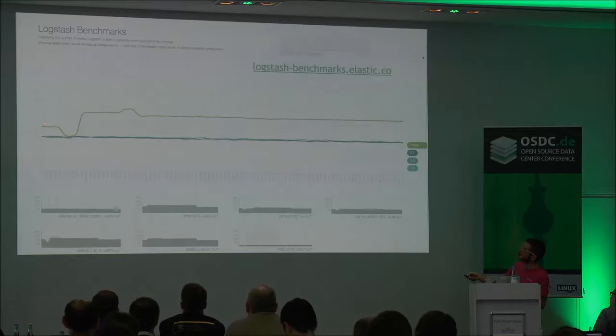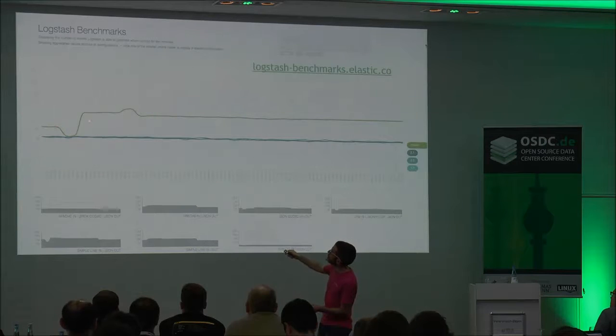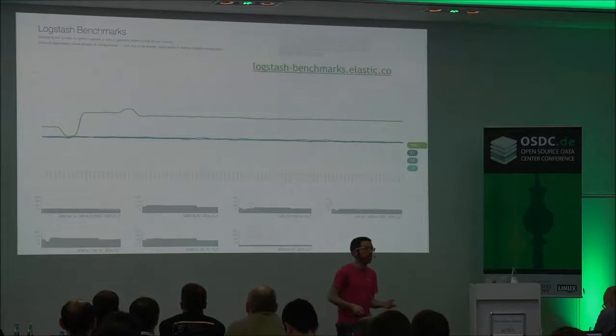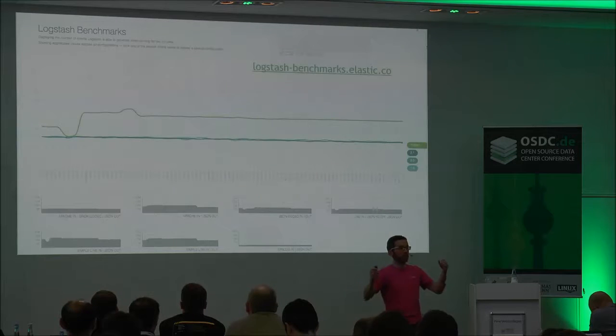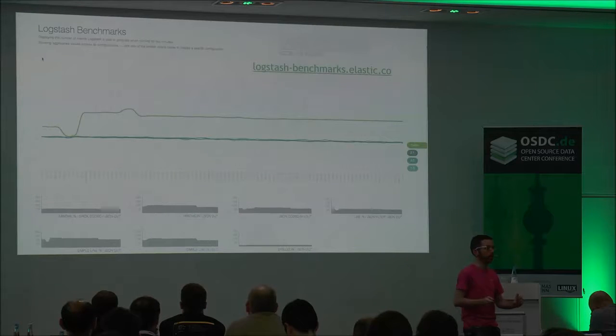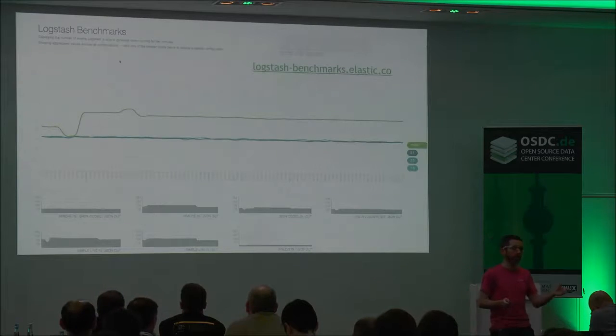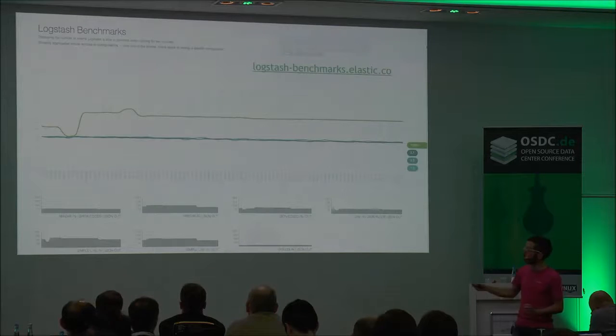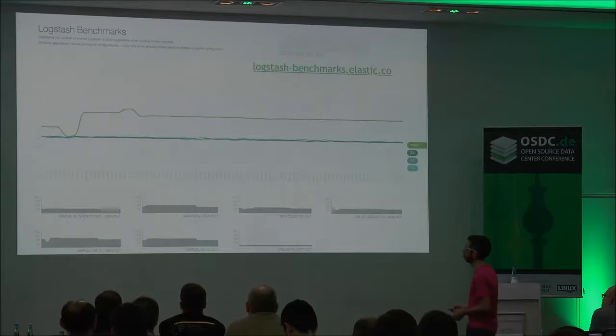So this was the jump that happened. We went from something like 9 million events to more than 12, just by changing the event class. This was when the event class changed from Ruby to Java. You can imagine when we change the pipeline execution from Ruby to Java. So this is kind of growing and growing. This is important.